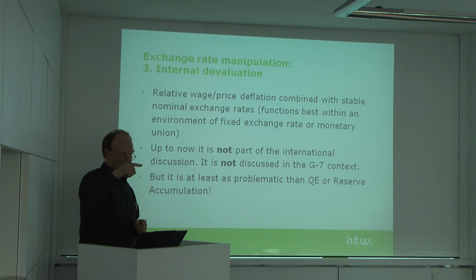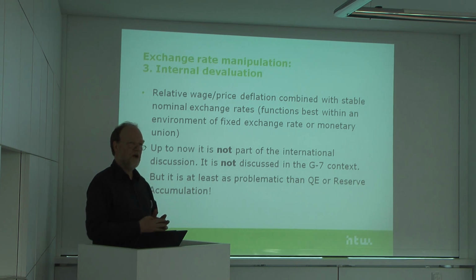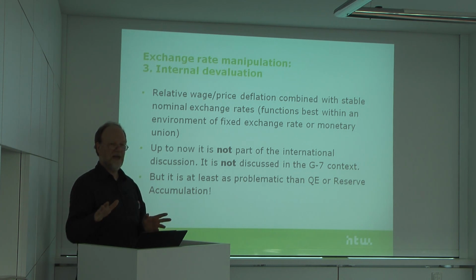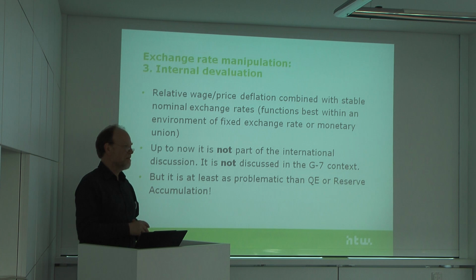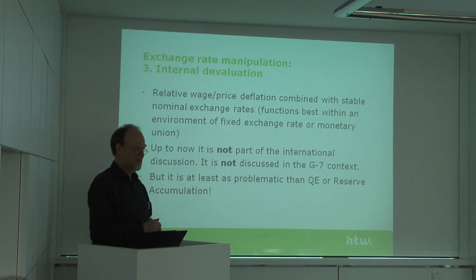If we think back to what we have seen about the current account imbalances before, the only country where the imbalances have not been reduced in the last years but are increasing is Germany. And Germany is very much relying on that instrument.